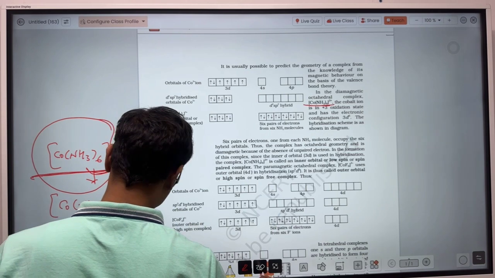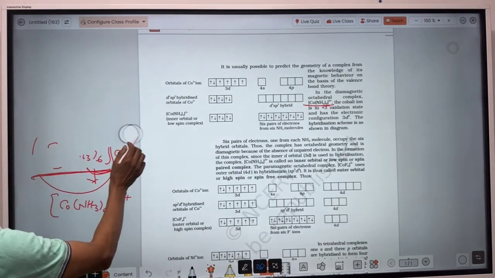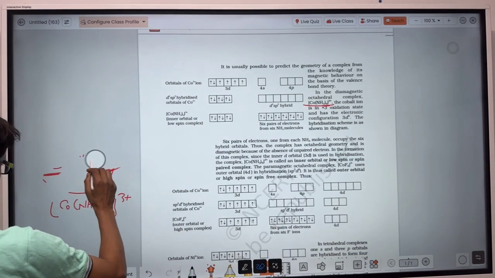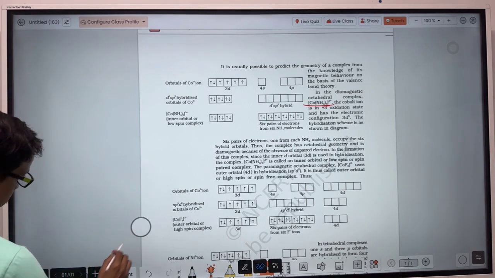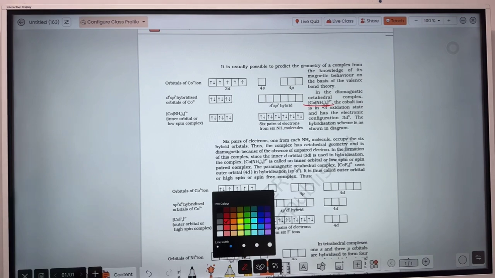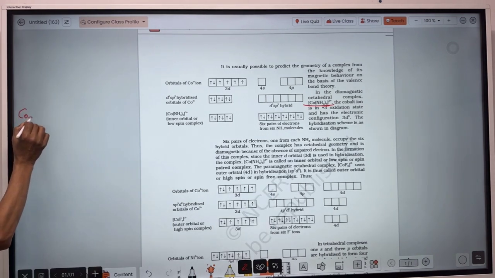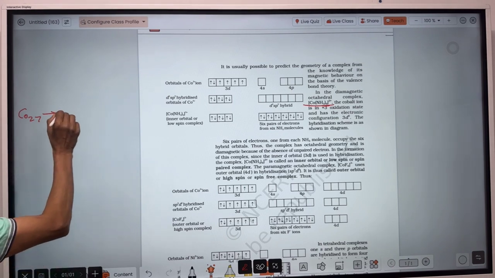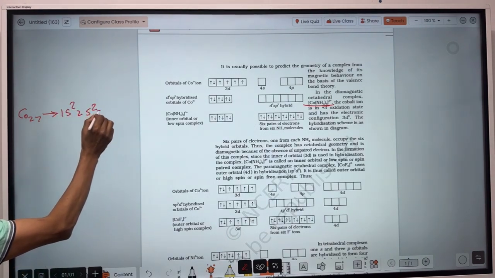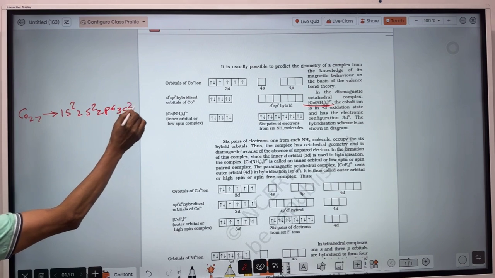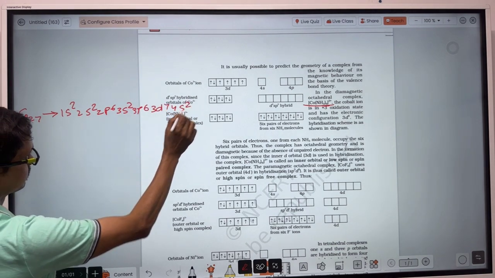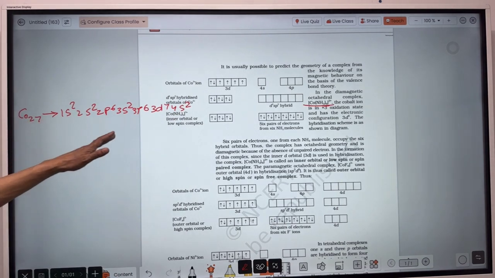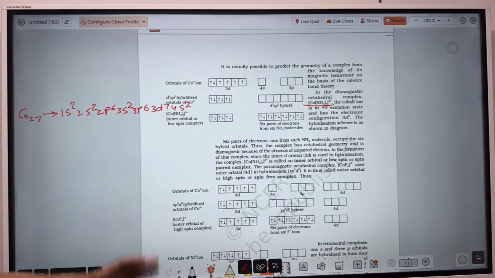So let's see how to do that. Cobalt, you know the atomic number? The atomic number of cobalt is 27. So the electronic configuration, this one is the electronic configuration of the cobalt atom.